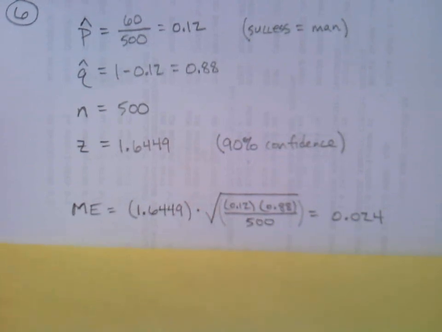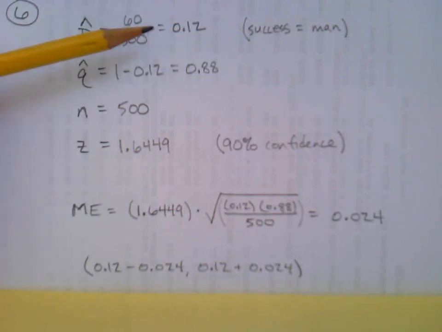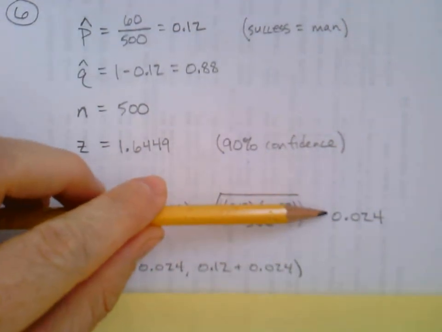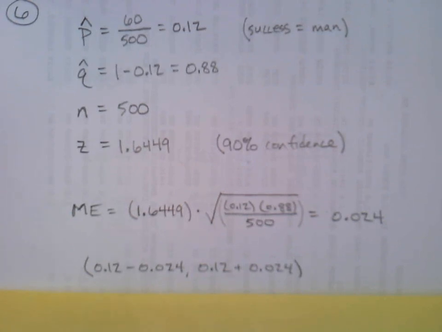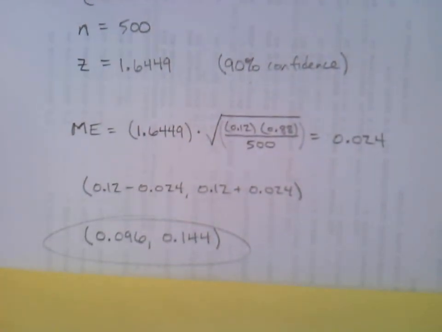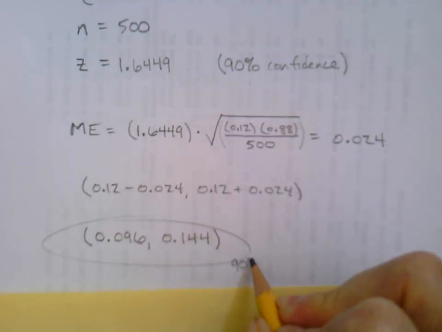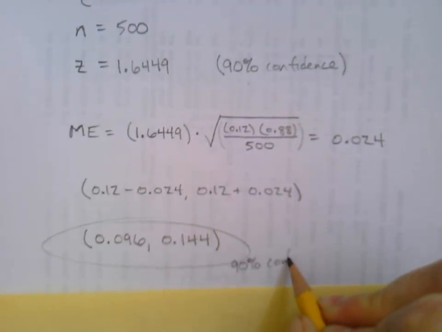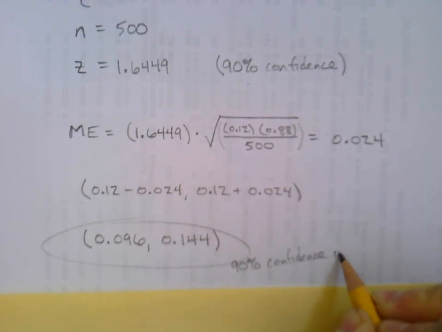Once we've got our margin of error, then the formula, it's off the screen now, but we take our p hat and we add and subtract our margin of error. So 0.12 minus the 0.024, 0.12 plus the 0.024, and there's our final answer for the 90% confidence interval.